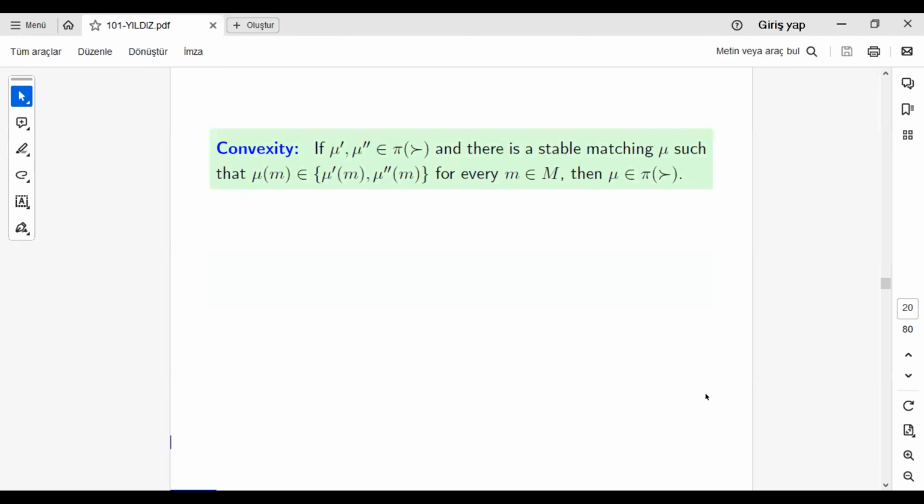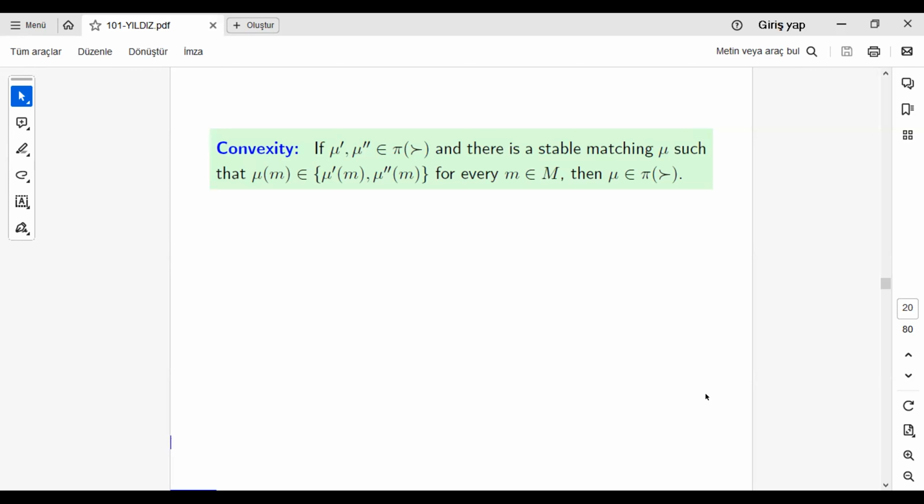So what is convexity? This is the definition of convexity in the matching context. We have an equivalent theorem for abstract lattices. But in the matching context, suppose we have a matching rule, and there we have two elements in the stable matching rule, mu prime and mu double prime.